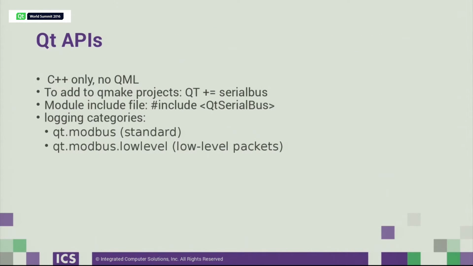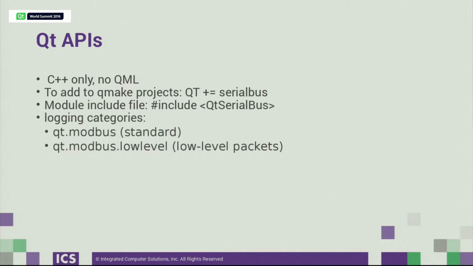So looking at the Qt APIs, it's a set of C++ APIs or classes only. There's no QML bindings. It's not really a good fit for QML because it's more low-level code, not user interface code. So the information I'm going to talk about here, as I mentioned, is still a tech preview, but this reflects the Qt 5.8 release, which should be considered final.